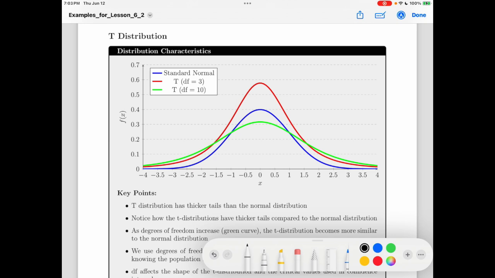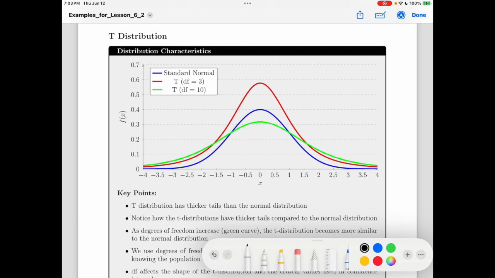Now, the student t-distribution looks really similar to the normal distribution, but it has thicker tails because it accounts for more variability. That is because we don't know what the population standard deviation is, so we have to account for that extra variability. As the sample size increases, the t-distribution becomes closer and closer to a normal distribution.